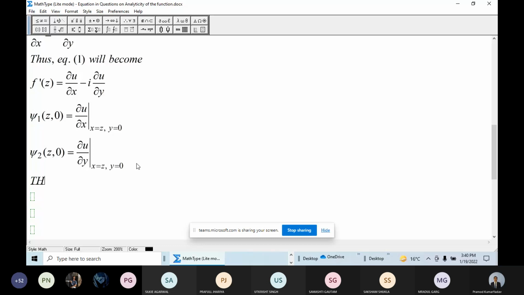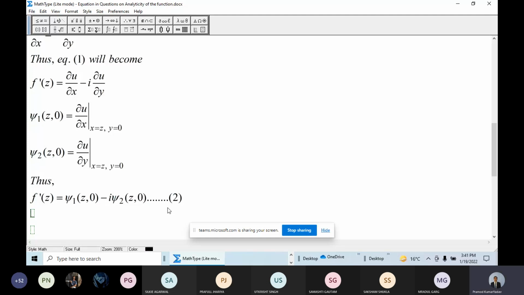Thus, f dash z is equal to psi1 z0 minus i times psi2 z0. Now, psi1, psi2 both are functions of z.